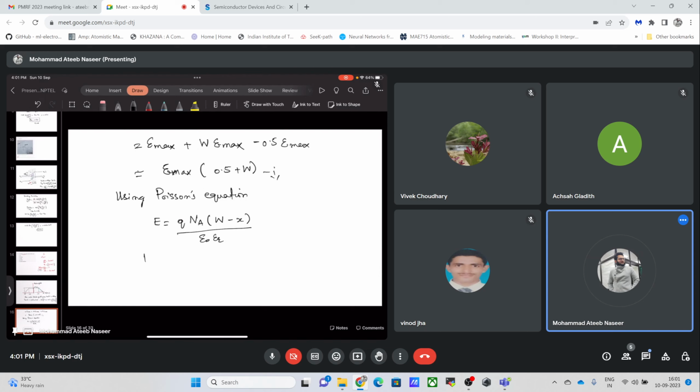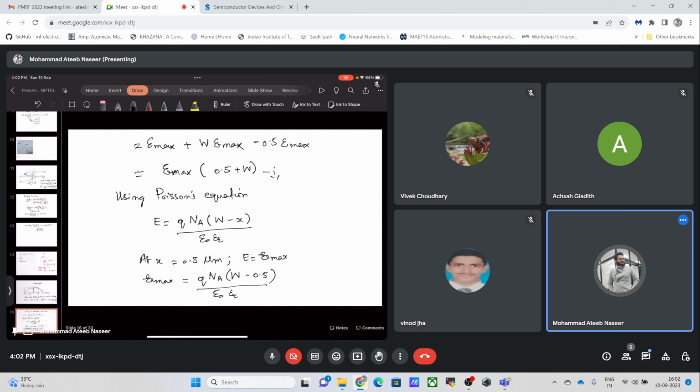So at x equal to 0.5 micrometer, this electric field is equal to E max. So this E max is simply equal to Q times Na, times W minus 0.5, which is in micrometers, divided by epsilon naught into epsilon r.